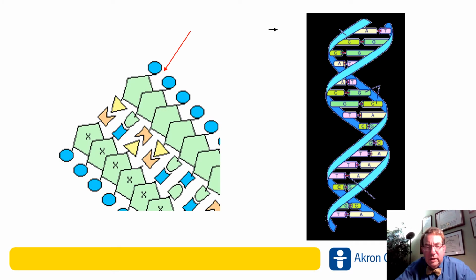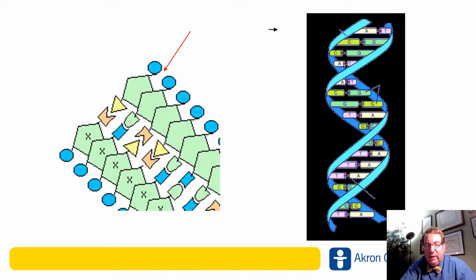So this is an illustration, or two illustrations, of the molecule of DNA. And some people refer to it as a twisted ladder, as you can see with the illustration on the right. And a closer view of this twisted ladder will show several components.